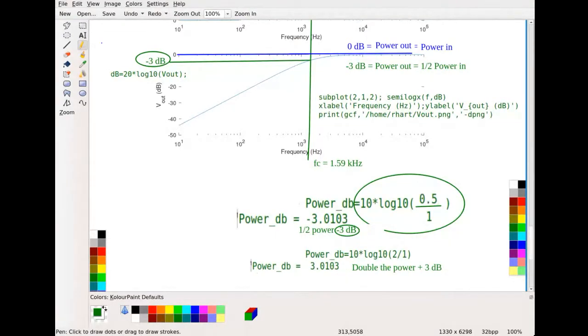And the other thing I want to kind of mark out about this graph here is if we go from here to here, so we're going down from minus 20 to minus 40, okay?